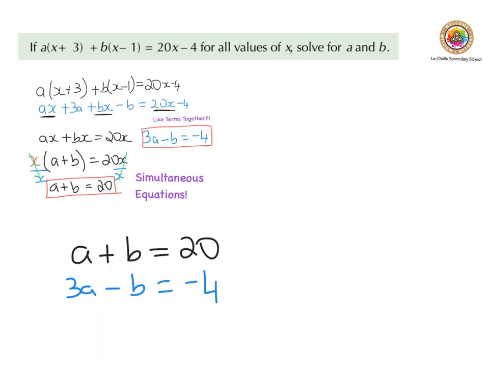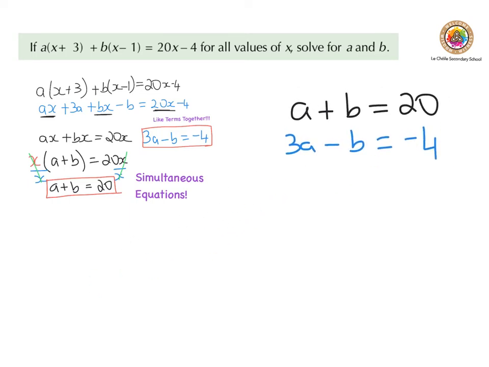You can see it was handy for me to put a red box around my two answers, because straight away my eye is drawn to what I need to form my simultaneous equations. So I am going to work away with these simultaneous equations.